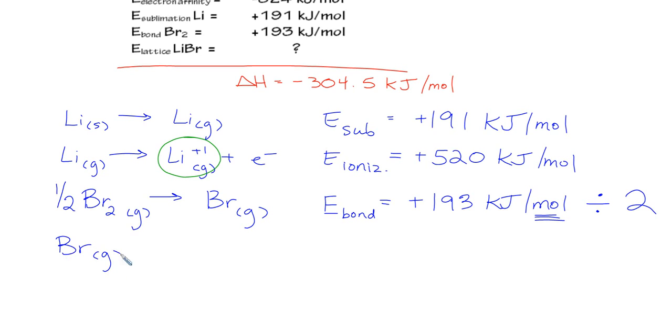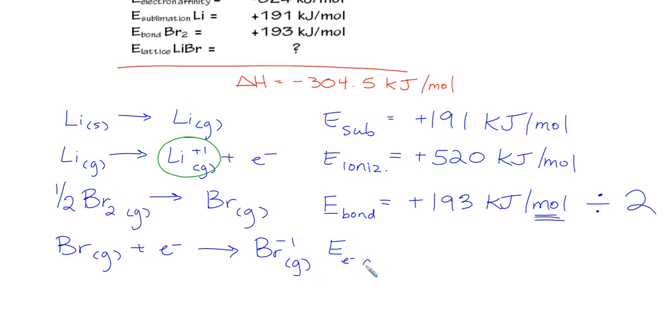Bromine in the gas phase. We'll add the electron from lithium to form negative 1 bromine ions in the gas phase. When we gain an electron to form a negative ion, that's electron affinity.